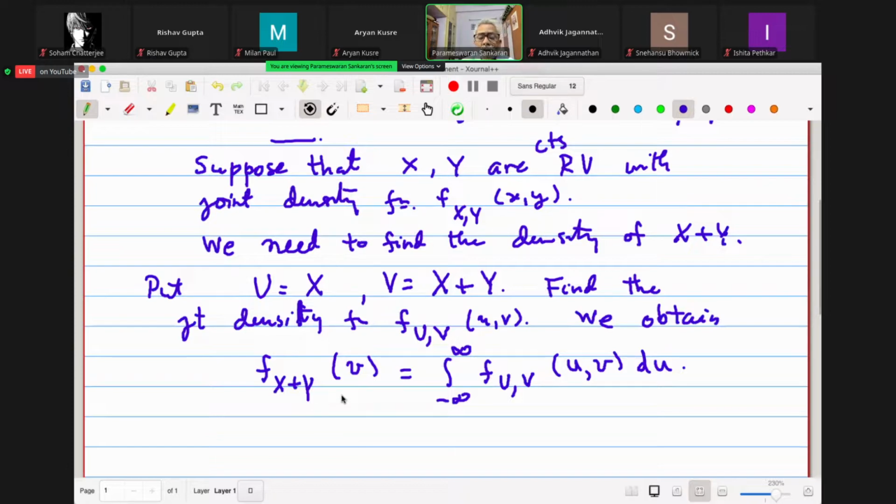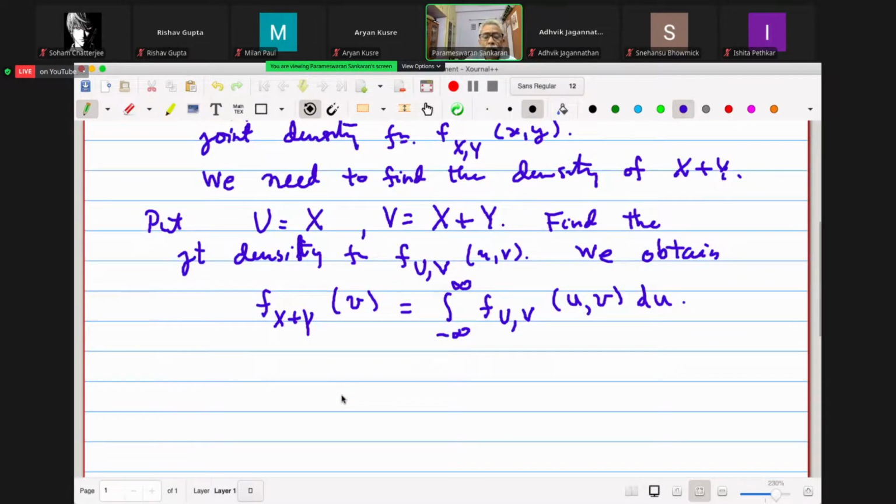That's it. But then how to compute f_{UV} in terms of u, v? Well, you can do that, or you can do it also directly. So let me do it in a different way. We have already done this several times before. So x plus y. So x comma y. So you need to write down the Jacobian. Let me just skip a few things.